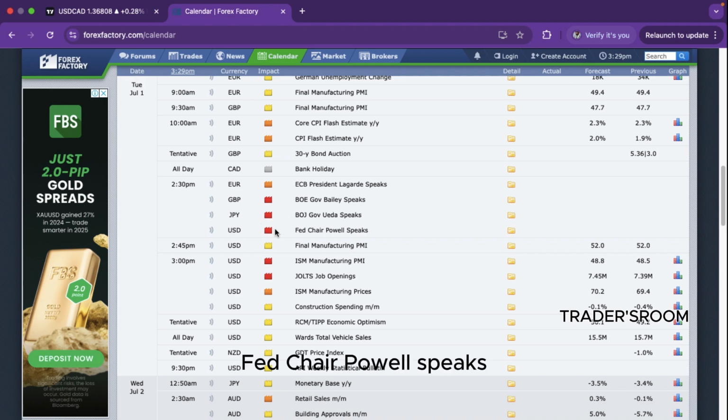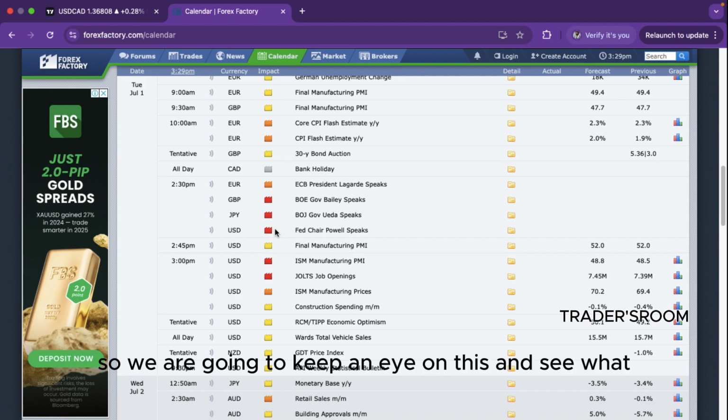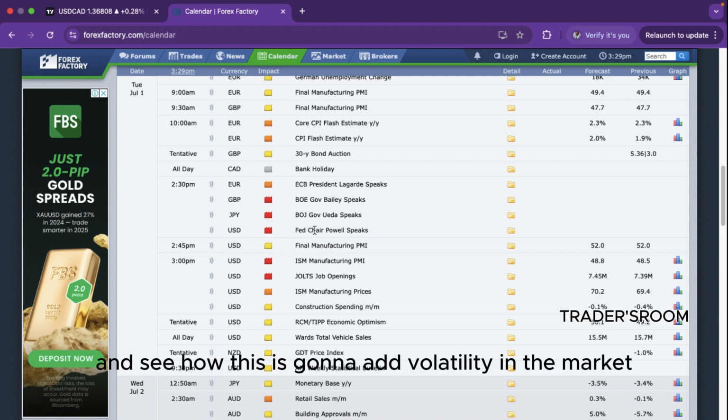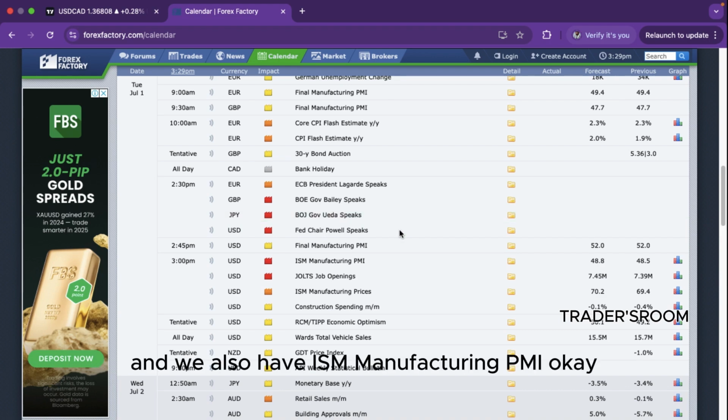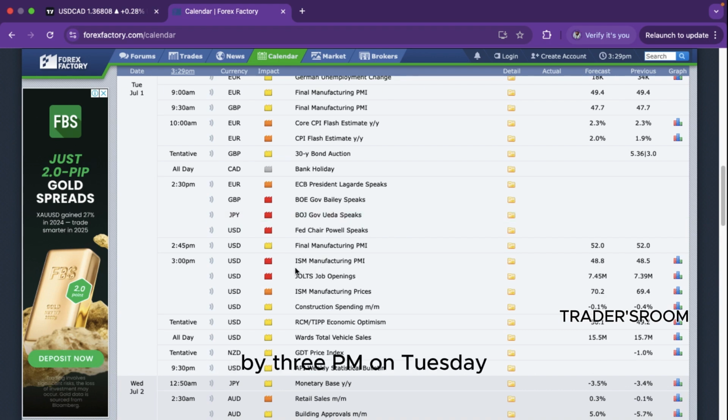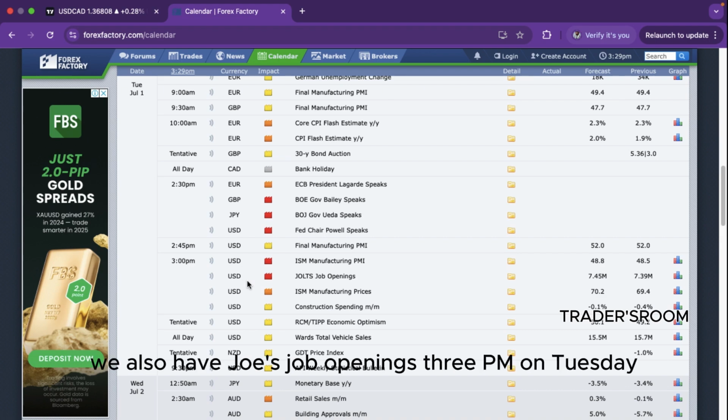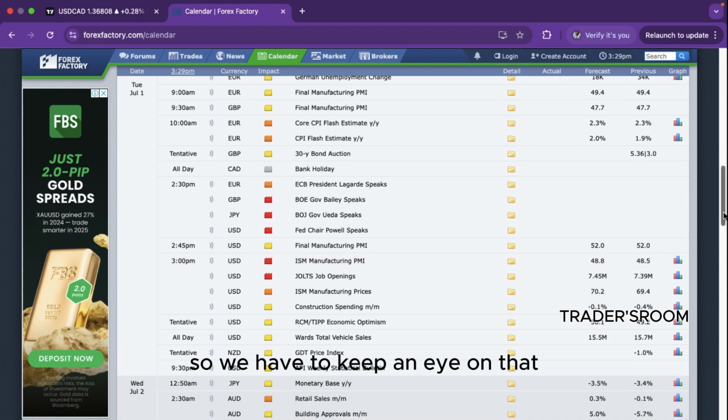On USD, yes, Fed Chair Powell speaks. So we are going to keep an eye on this and see how it is going to add volatility in the market. We also have ISM manufacturing PMI by 3 p.m. on Tuesday. We also have JOLTS job openings at 3 p.m. on Tuesday, so we have to keep an eye on that.